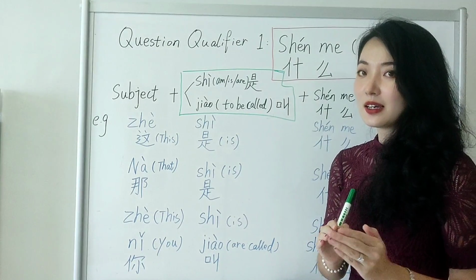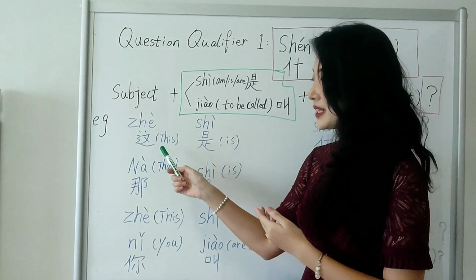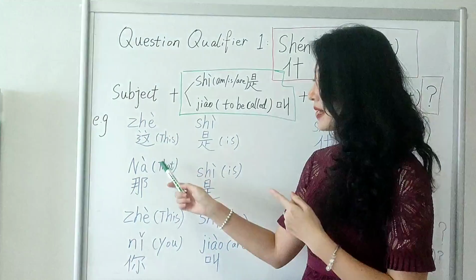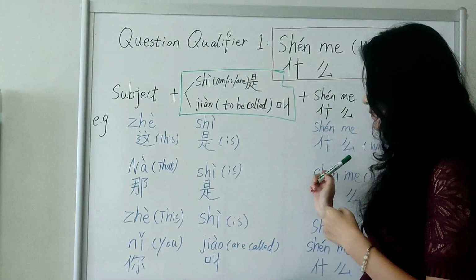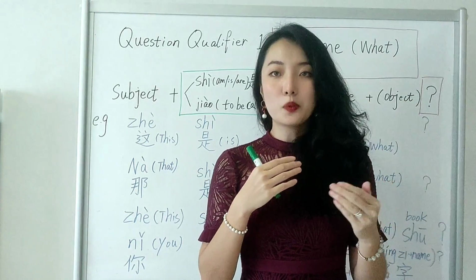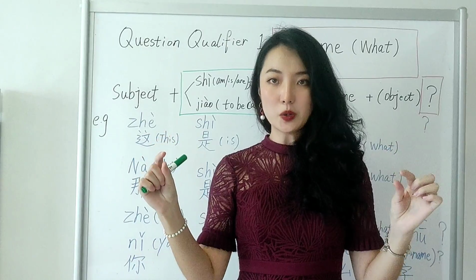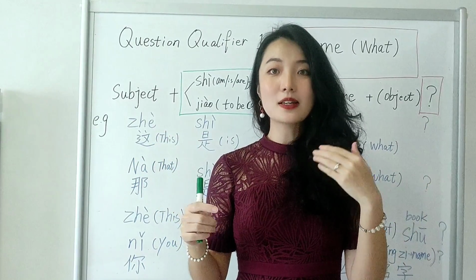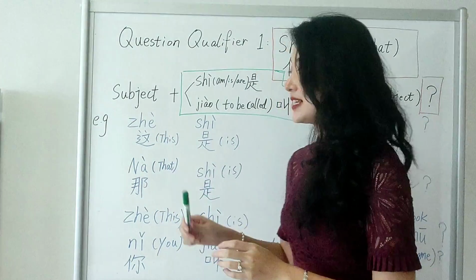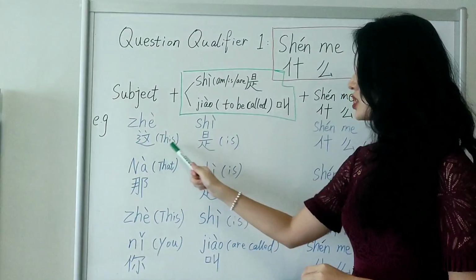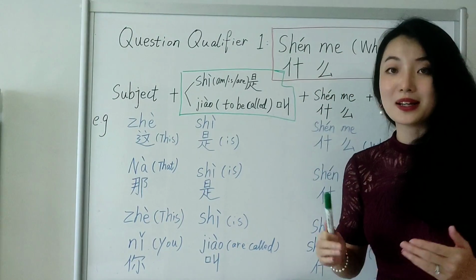So as you can see, the order, if we put it into English, that would be this is what. So the way Chinese people ask questions is in the statement order. This is what means what is this. In Chinese, let's repeat one more time. 这是什么? What is this?